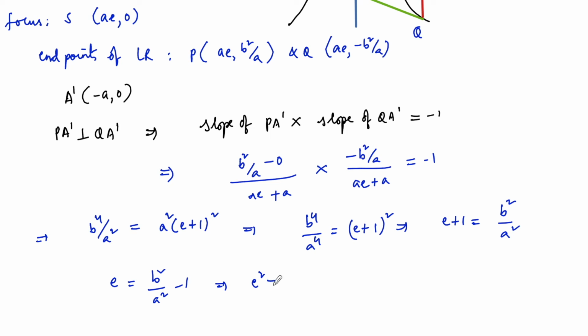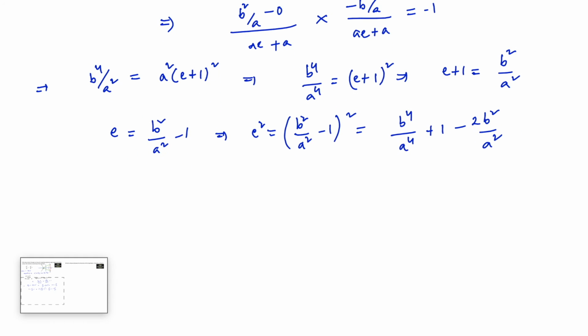On squaring both sides, e² = (b²/a² − 1)². Upon simplifying, you will get b⁴/a⁴ + 1 − 2b²/a². Let us use the eccentricity of hyperbola.